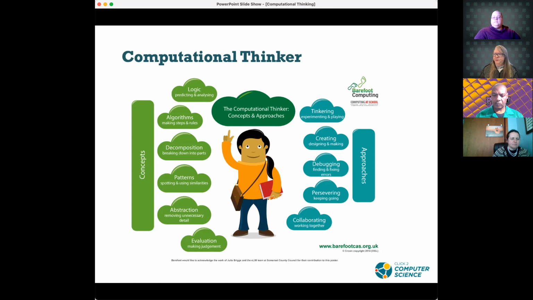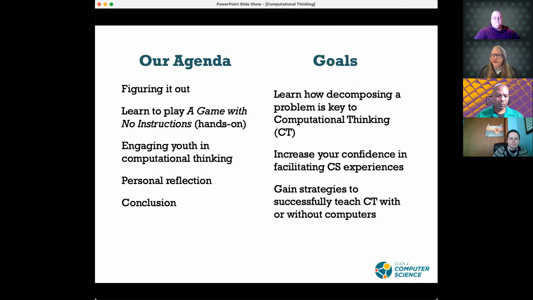So this was our agenda today to get a sense of what computational thinking means and how we can support computational thinking in youth, and hopefully to increase your confidence in facilitating strategies. And also with each of our workshops, we want to give you at least one concrete activity that you can take away from the workshop that you can do with kids.